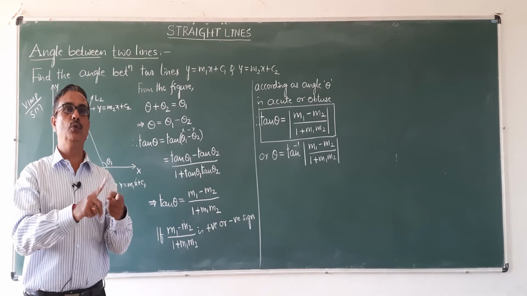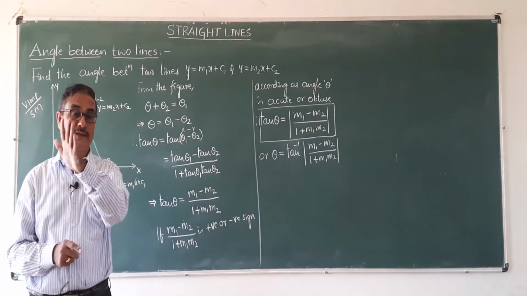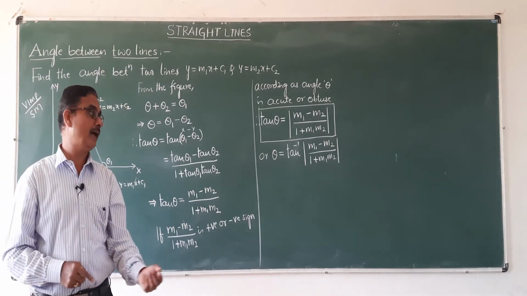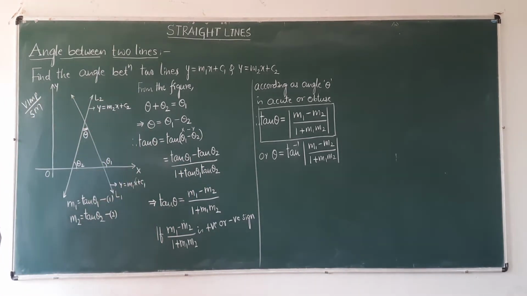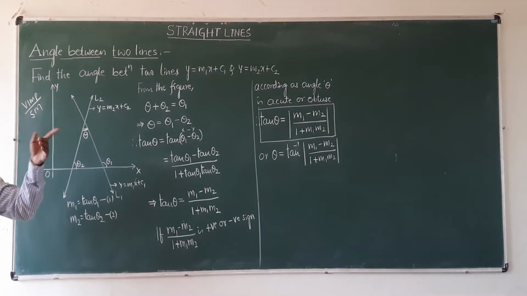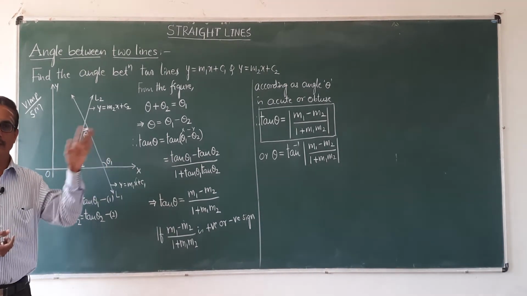Remember, if two lines are perpendicular, the product of their slopes must be minus 1. If two lines are parallel, slopes are equal. So remember that formula, known as the angle between two straight lines formula: tan theta is equal to modulus of m1 minus m2 by 1 plus m1 m2.